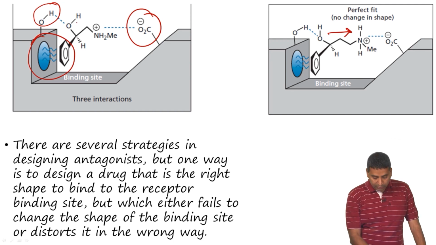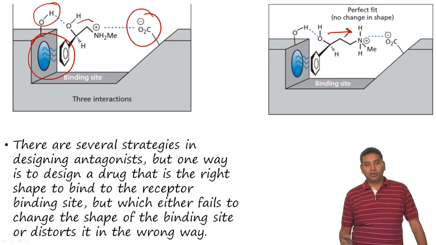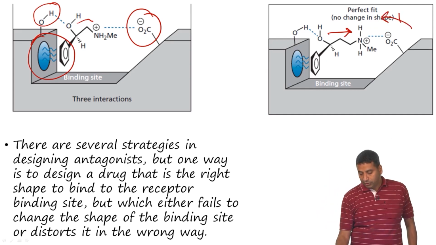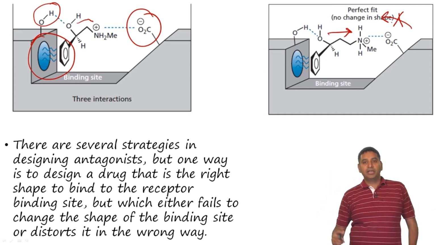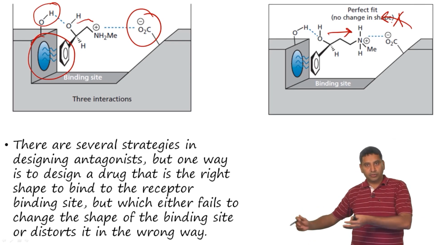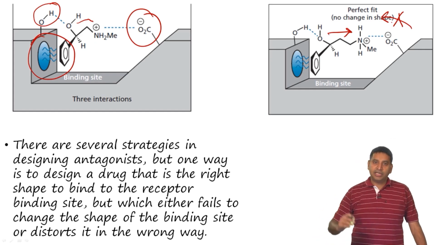Keep in mind that this is where the binding happens, but if you elongate this chain a little bit, the conformational change that we would expect from here to here may not happen. If that conformational change does not happen, then downstream the effects do not occur. So, this is one way in which you could design an antagonist.